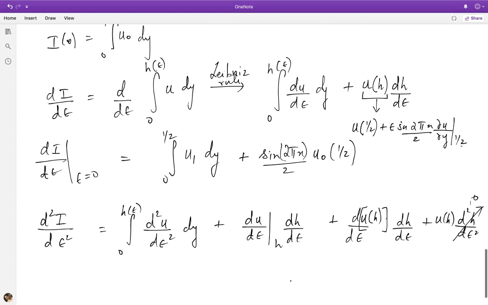Alright, so now we obtain the expression here. I can do the same for these two terms as well.